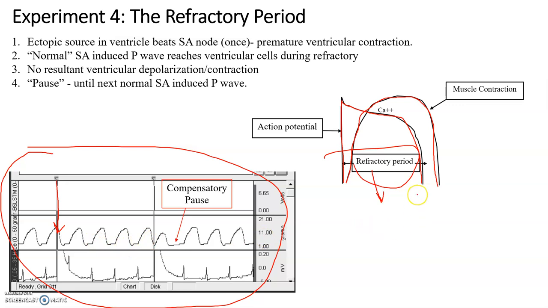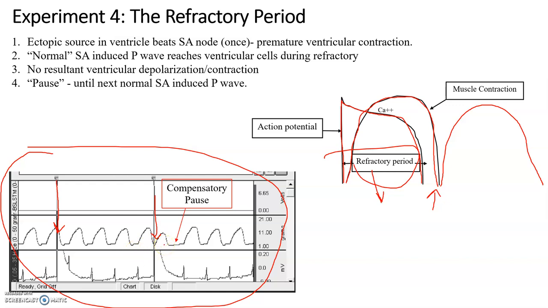Next, what we'll be doing is attempting to stimulate somewhere outside of that refractory period, but before the next contraction in the normal rhythm. So notice that's what we've done here with this stimulation. We've timed it so that we've stimulated right after the contraction has ended, right after the refractory period has ended, but before the next contraction.